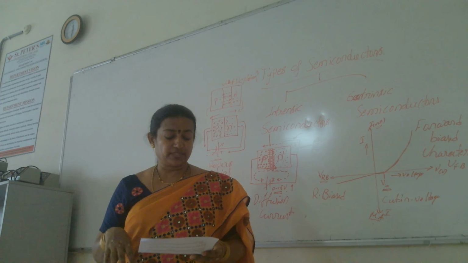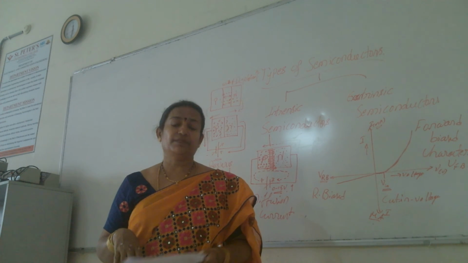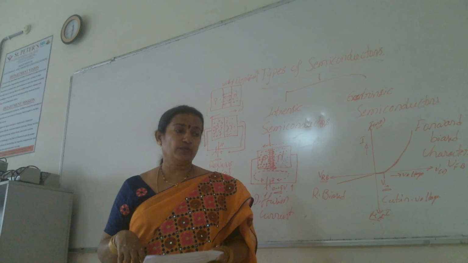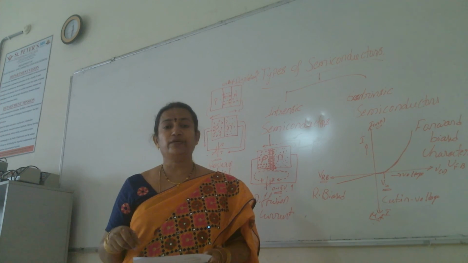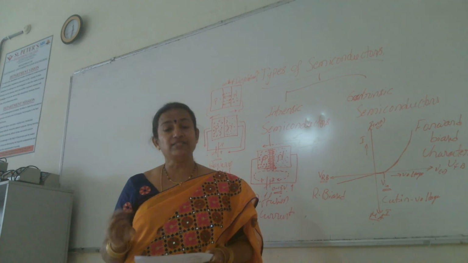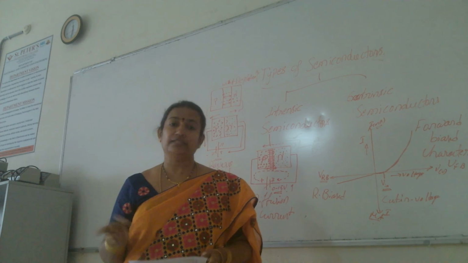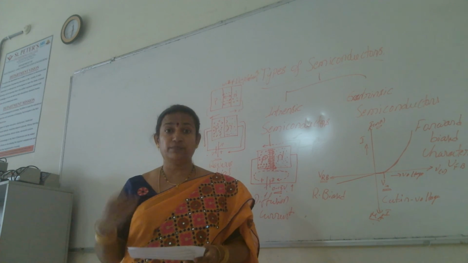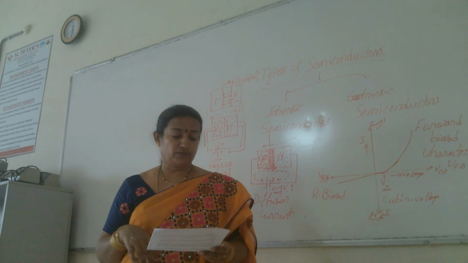Then the second one is understand the utilization of components. That means basic applications: where we are using them, how we are making use of them, and under what conditions we can make use of them. What are the changes of these particular components in different circumstances that we can see. You are in a position to get that knowledge through this particular subject of EDC.